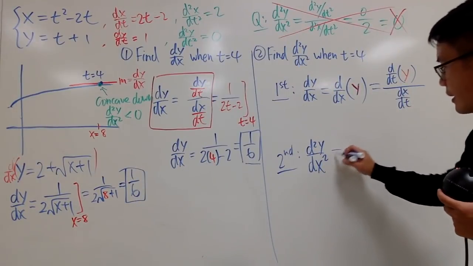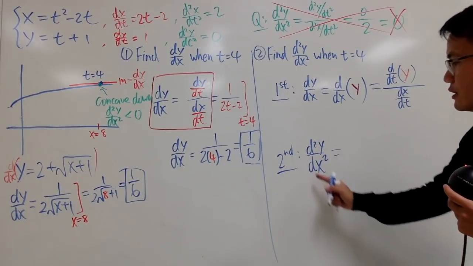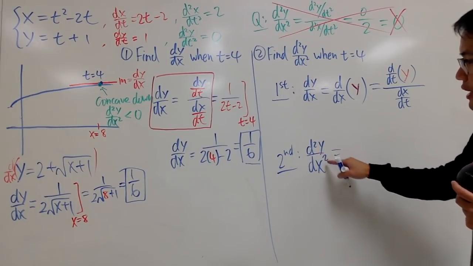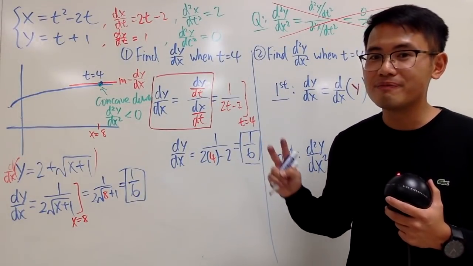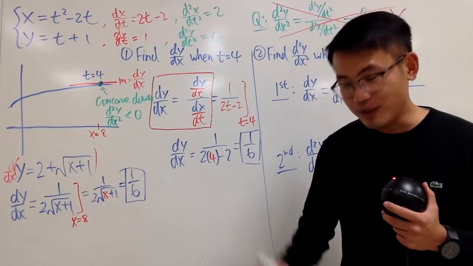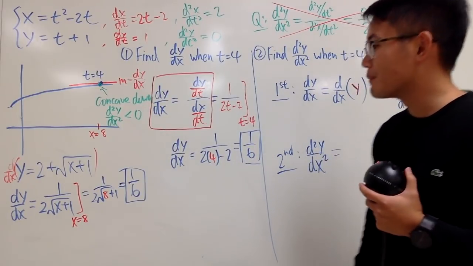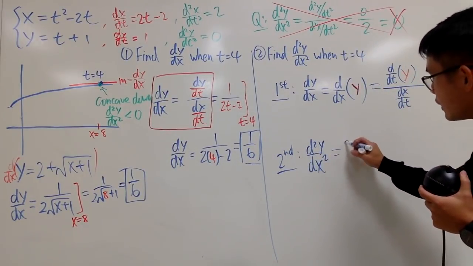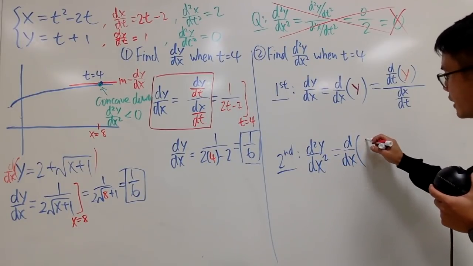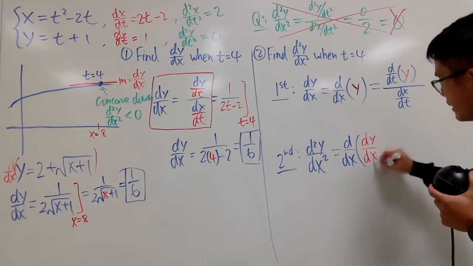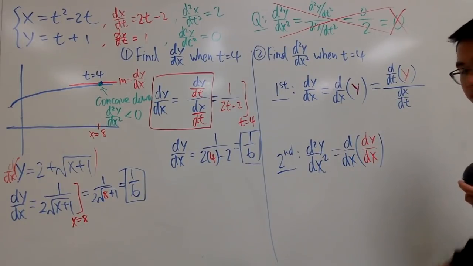But let's see. Here is the explanation of this notation, why we have the 2 here and the 2 here. Well, how do we get the second derivative? We differentiate the first derivative, don't we? Well, so right here, we are saying we are differentiating the first derivative, and the first derivative is, of course, dy/dx, like this.